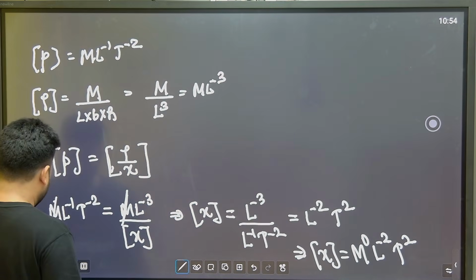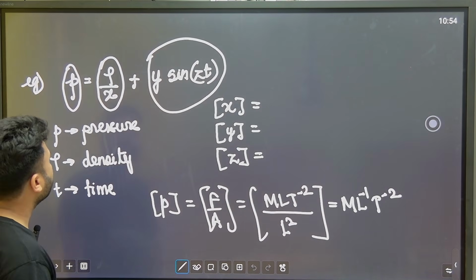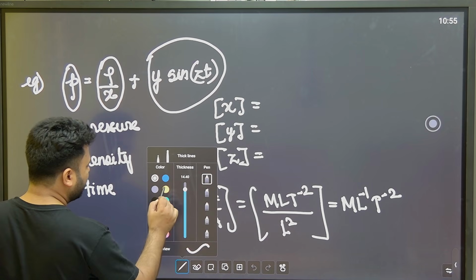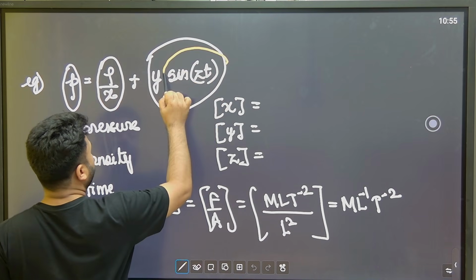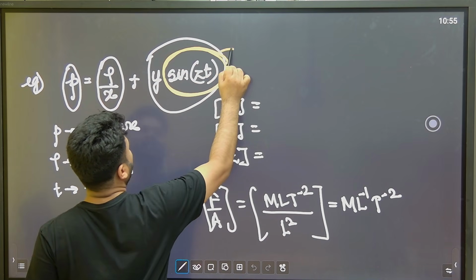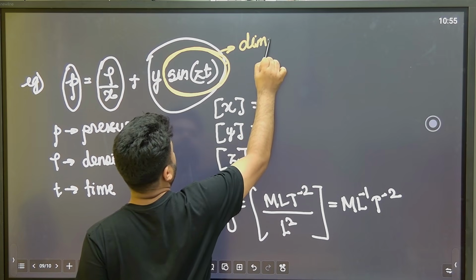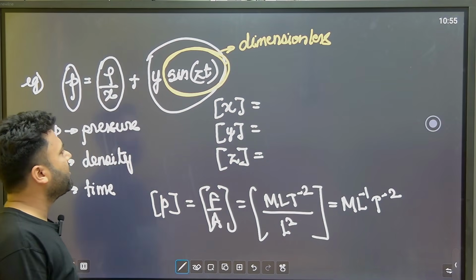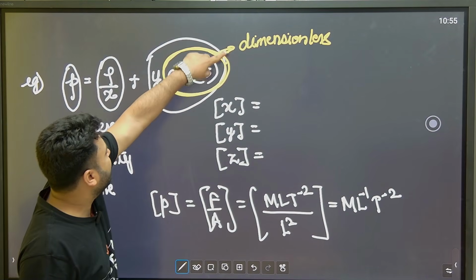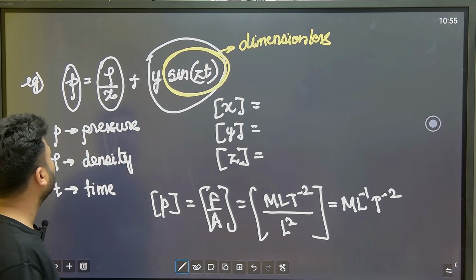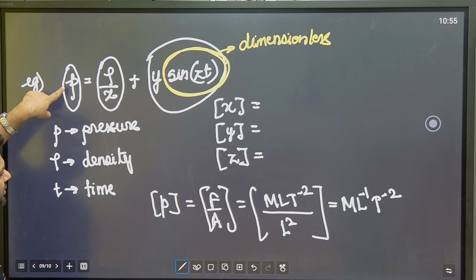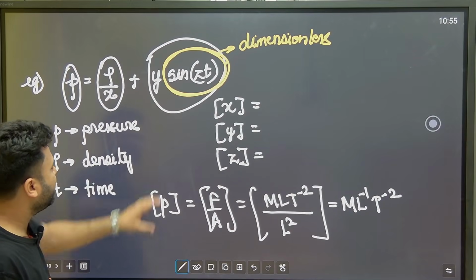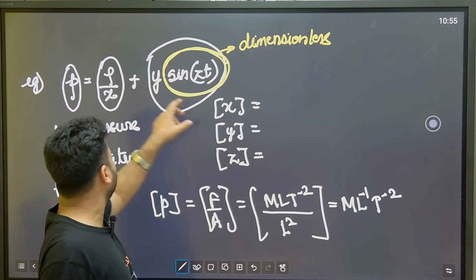Now, see how to find the dimension of Y. Just now I told that sine of theta will be dimensionless. This complete term involving Y will have the dimension of pressure, which is ML minus 1 T minus 2, and since this is dimensionless, Y should have the dimension of pressure.